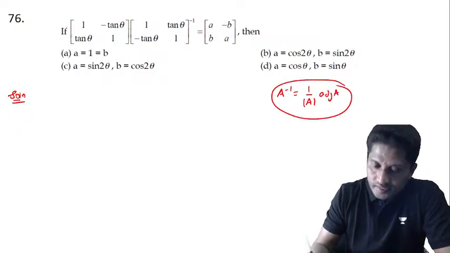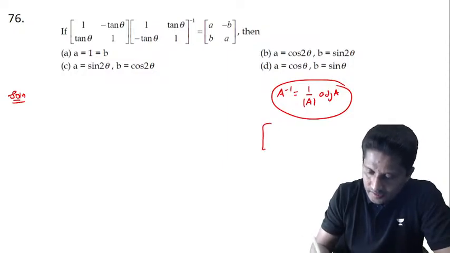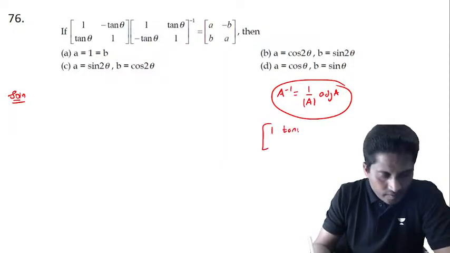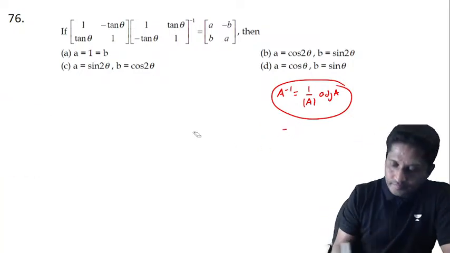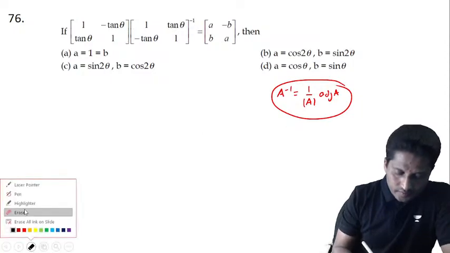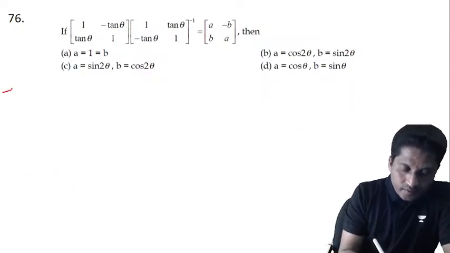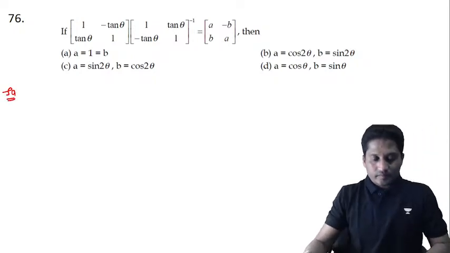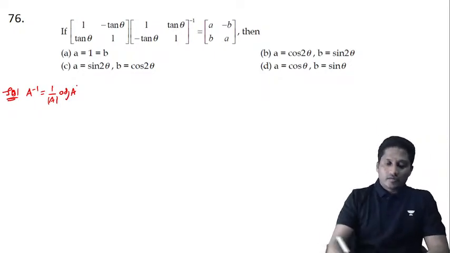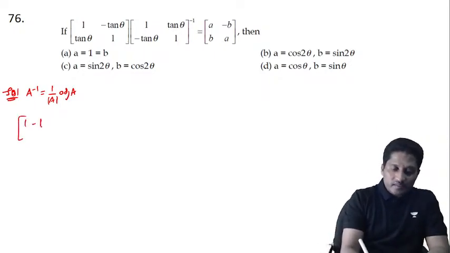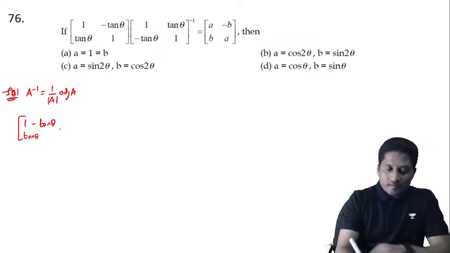So if I take suppose 1 tan, okay, let me find out here. A inverse is equal to 1 by determinant of A into adjoint of A. Right, now you get suppose matrix 1 minus tan, okay, and tan and 1.